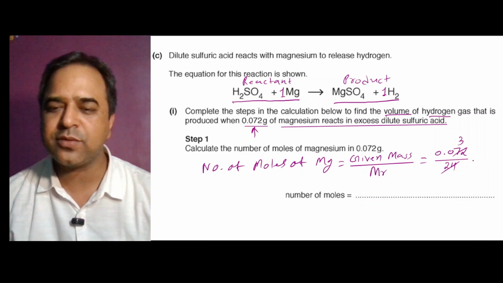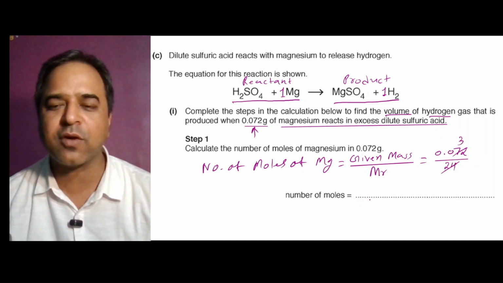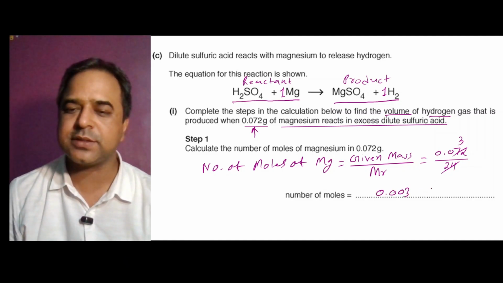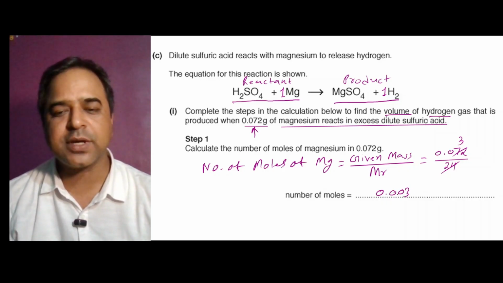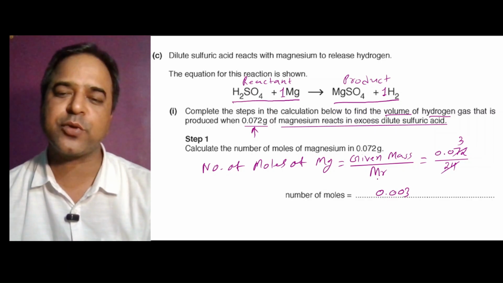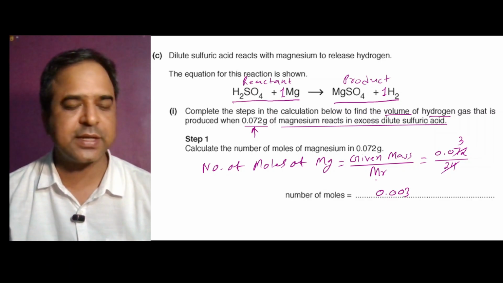That will give you your final answer, number of moles 0.03. Okay, so here we are getting how many moles of magnesium? We are getting 0.03 moles of magnesium. Okay, this much is clear.